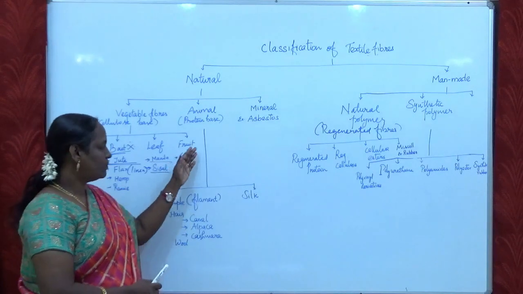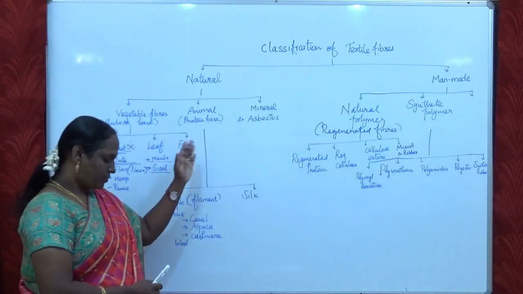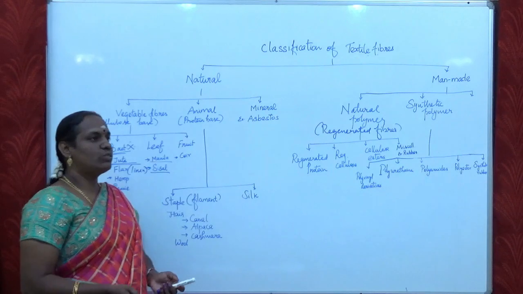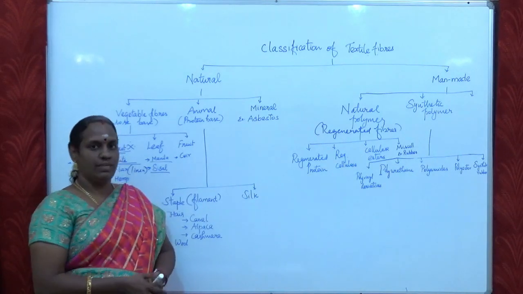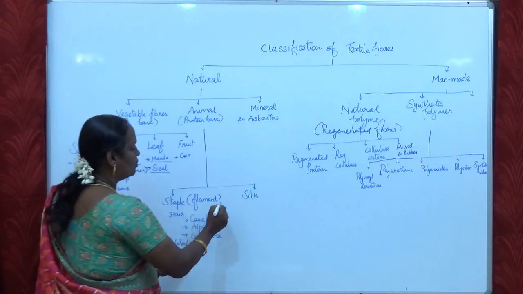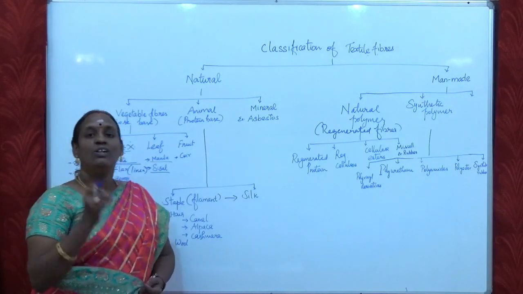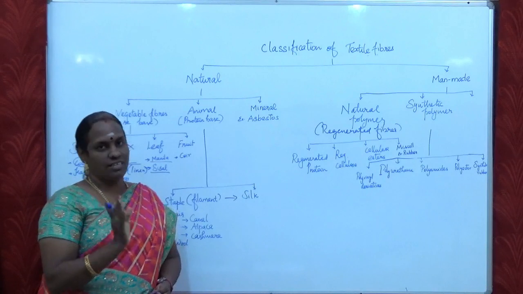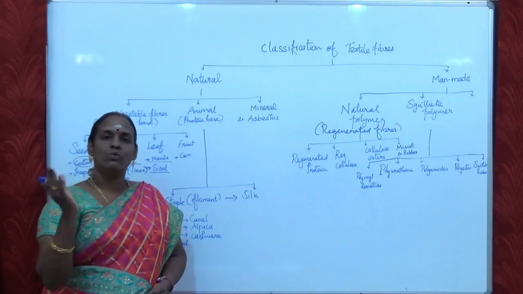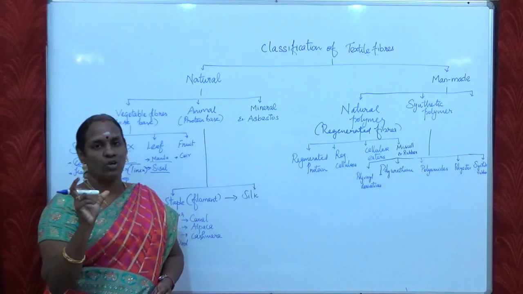One more thing: animal fibers are also available in the form of filament. What is a filament? A long continuous strand is called a filament. And what is a fiber? A fiber is a short strand.